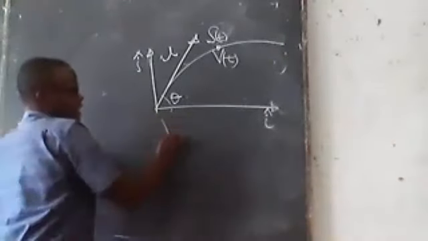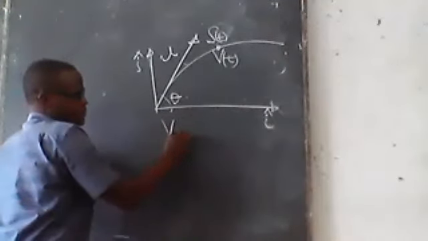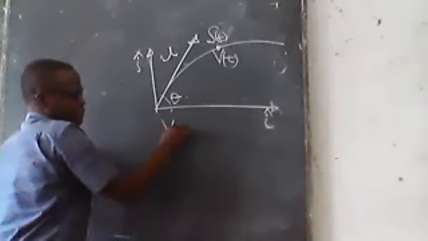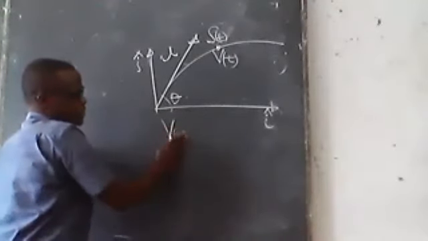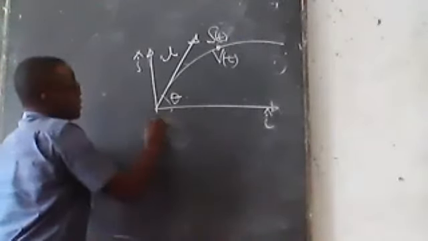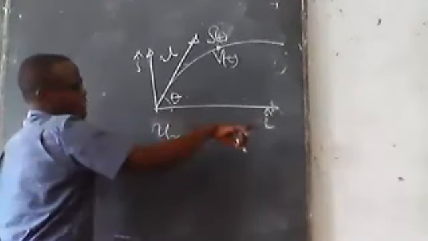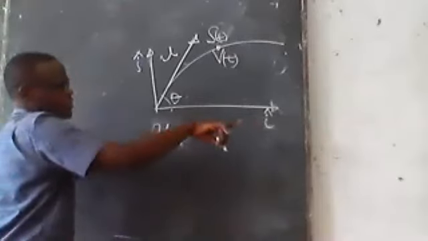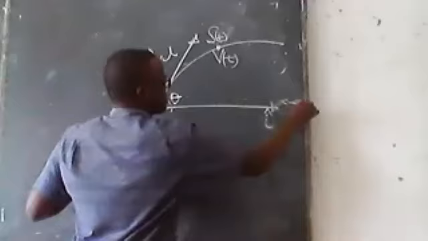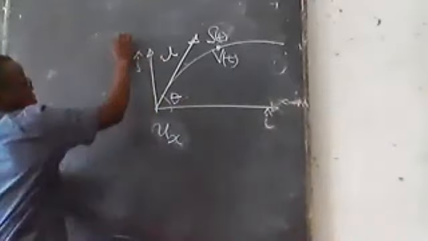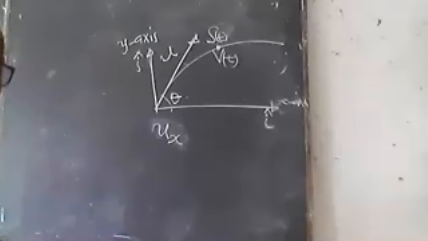It is u cos theta. Unit vector i corresponds to the x-axis, then that of j corresponds to the y-axis. Any question? Somebody has a question?